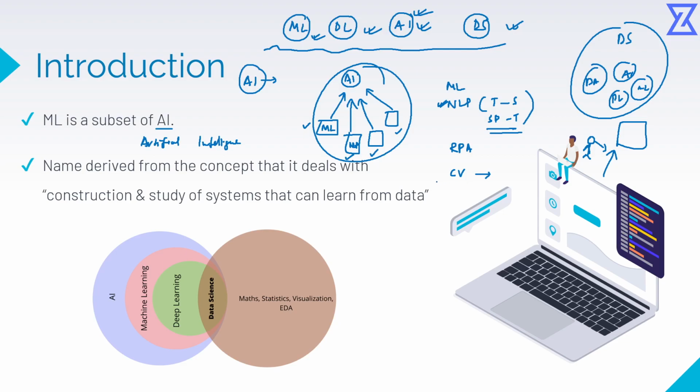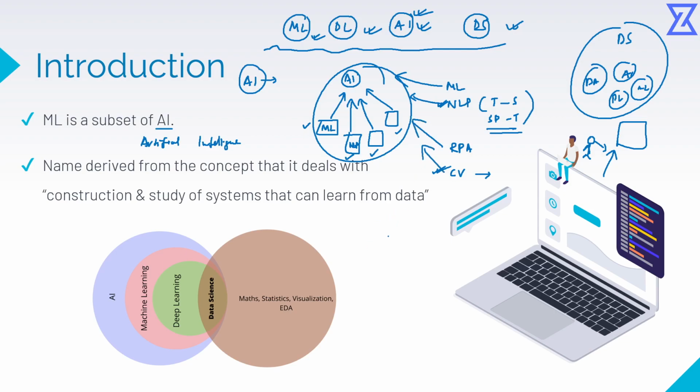You don't see traffic policemen standing at traffic signals because cameras have been implemented. If you don't follow traffic rules, you will get a challan because the cameras are capturing your number plates, analyzing them, finding out who the owner is, and then you will get the challan right at your home. So computer vision. So different fields of research lead to AI.